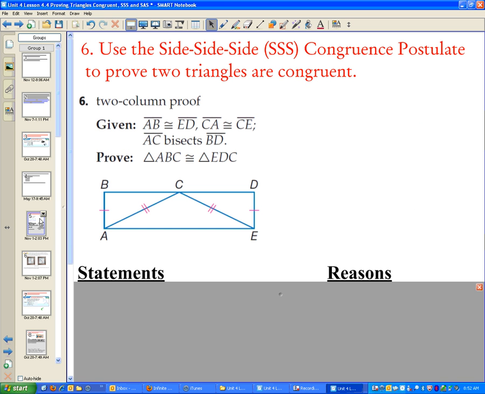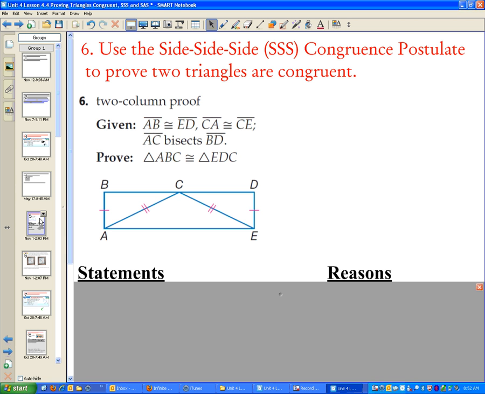Number 6, from page 267. We're going to use the side-side-side congruence postulate to prove two triangles are congruent.